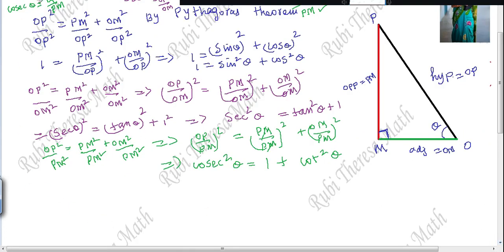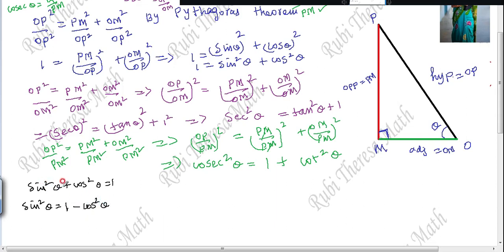So sin square theta plus cos square theta equal to 1. Isn't it? You can find out the equal forms. That is sin square theta equal to 1, and cos squared theta, when it comes to the other side, minus cos squared theta.